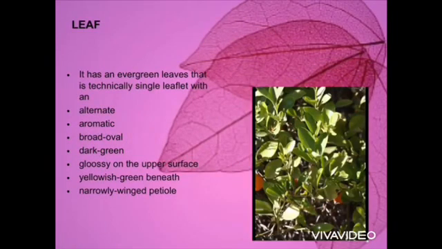The leaf has an evergreen color, is a single leaflet with an alternate, aromatic, broad oval shape, dark green and glossy on the upper surface, yellowish green beneath, and ranges 1.5 to 3 inches long. It is faintly toothed, with a short, narrowly winged petiole at the apex.